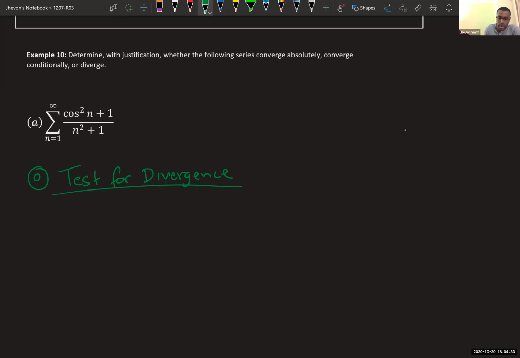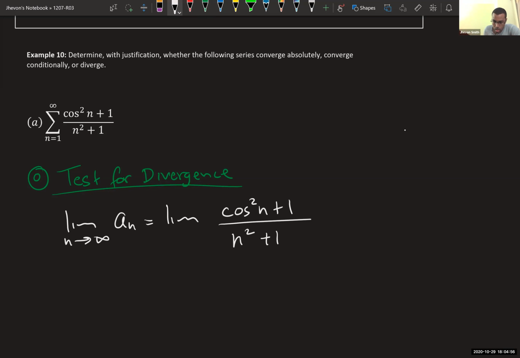First thing, what does that mean? Well, I'm going to take the limit of the a_n term, and it's always n goes to infinity. Sometimes I'll be lazy and I won't even write the n goes to infinity because it's understood. So what is that limit?